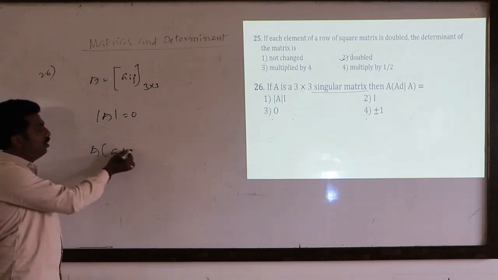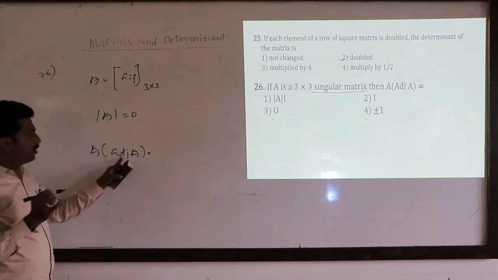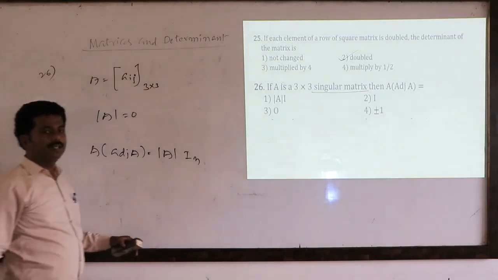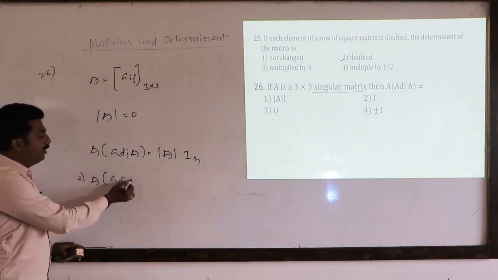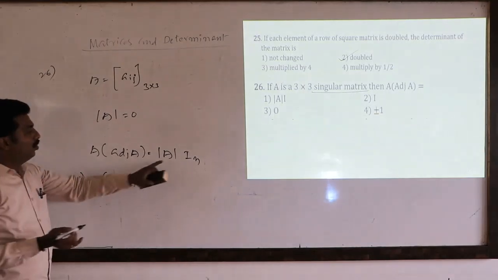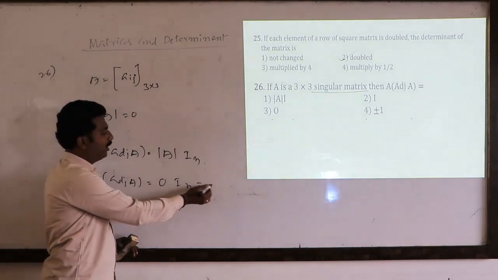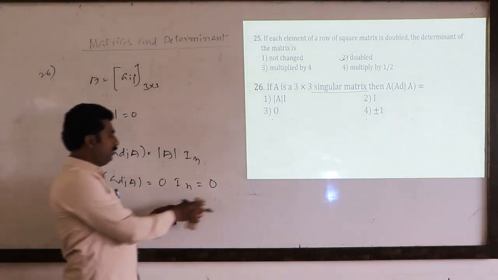One property is there: A into adjoint of A equals determinant of A into In. So A into adjoint of A equals, what is the determinant of A value? 0 into In, which is nothing but the null matrix.